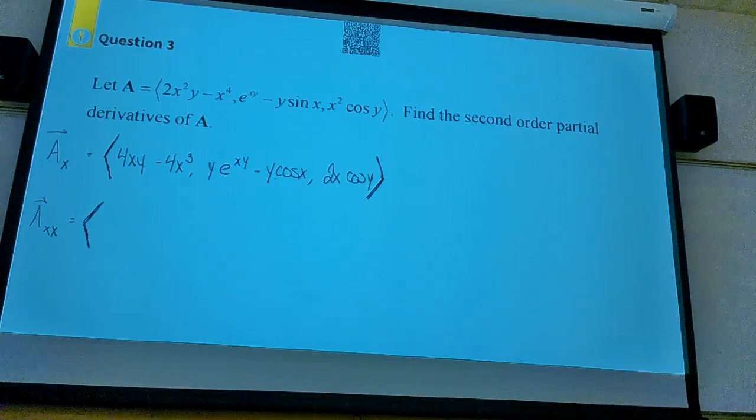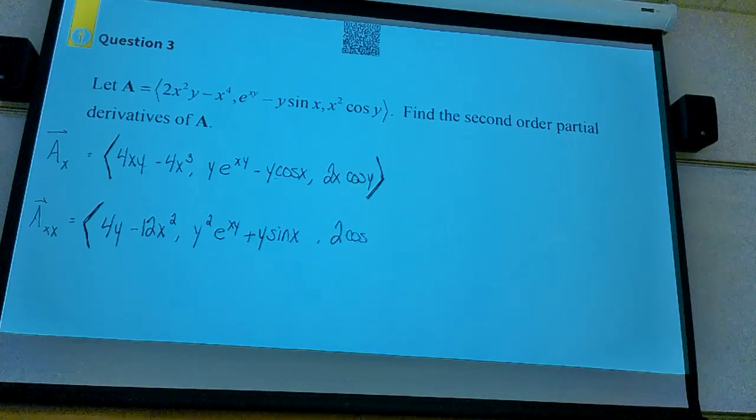And that's partial again with respect to x. And plus y sine of x. And then 2 cosine of y. But you could also do the partial with respect to y after the x, right?